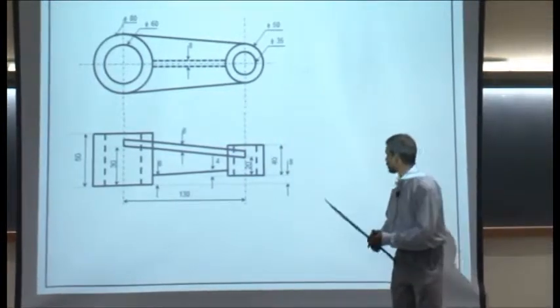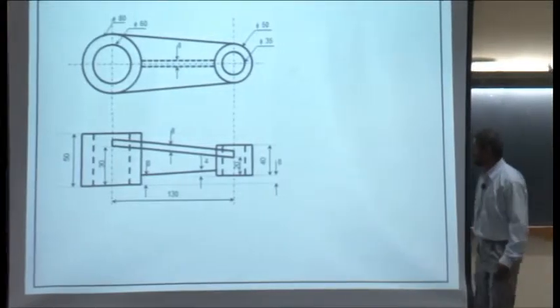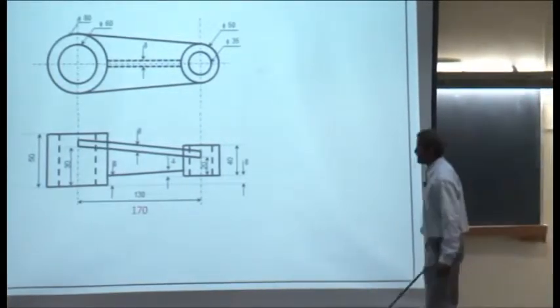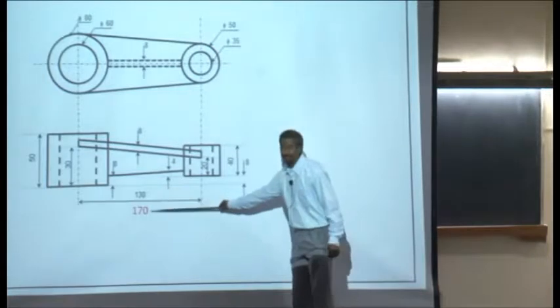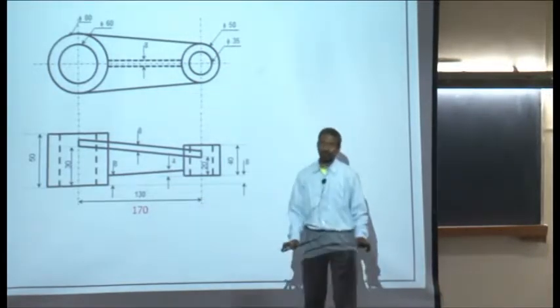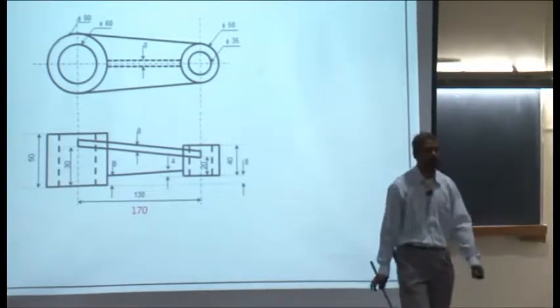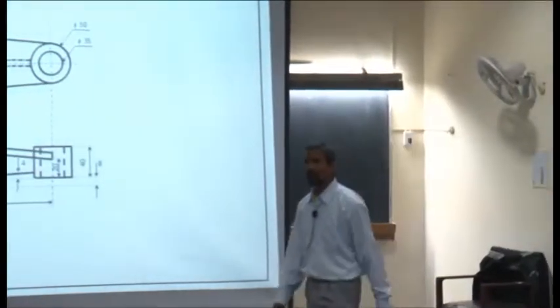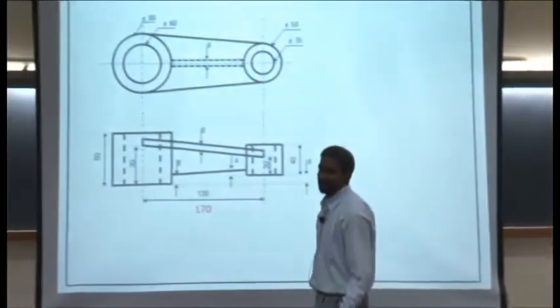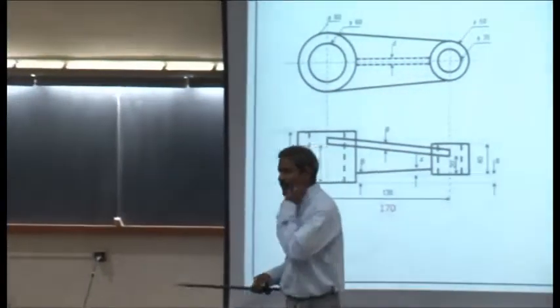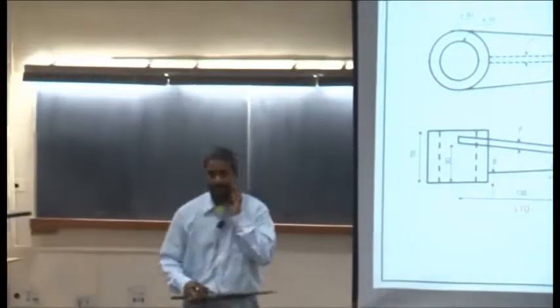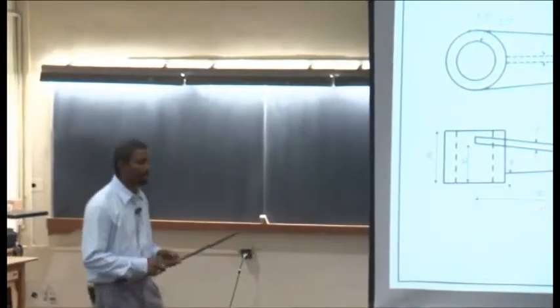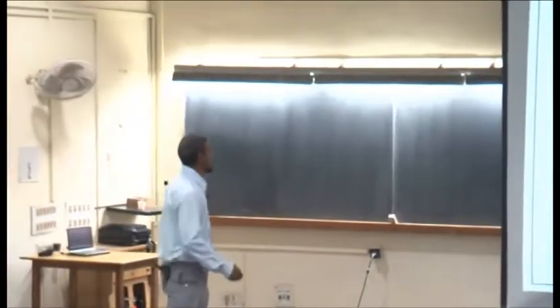So one option is to take this dimension as 170 instead of 130. For those who have already solved this problem on Monday and Tuesday, don't worry about that. For those who are going to be working tomorrow and day after, take this dimension as 170 and see if you get a proper revolved cross section.